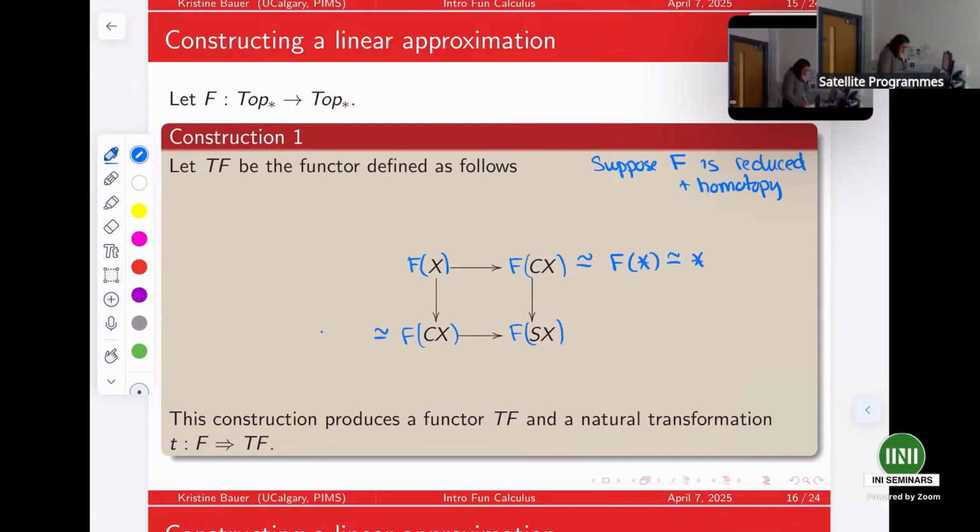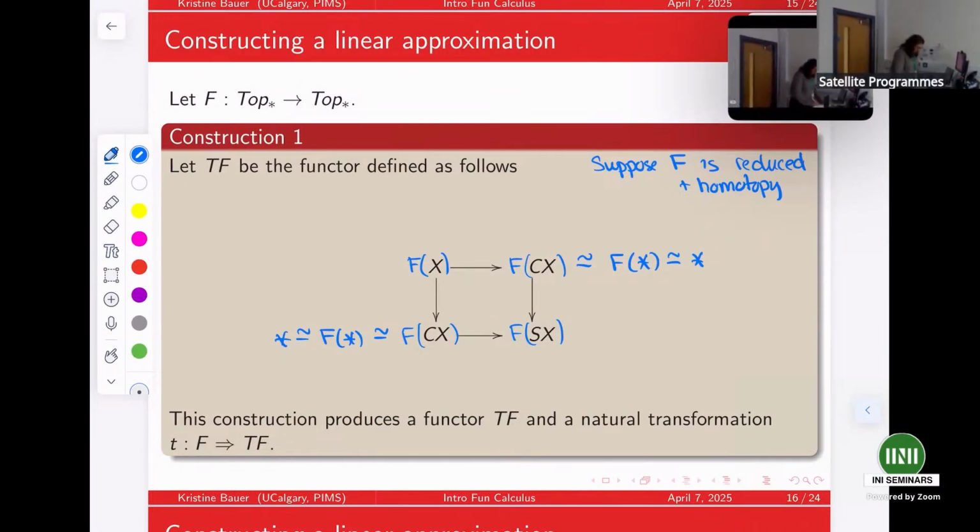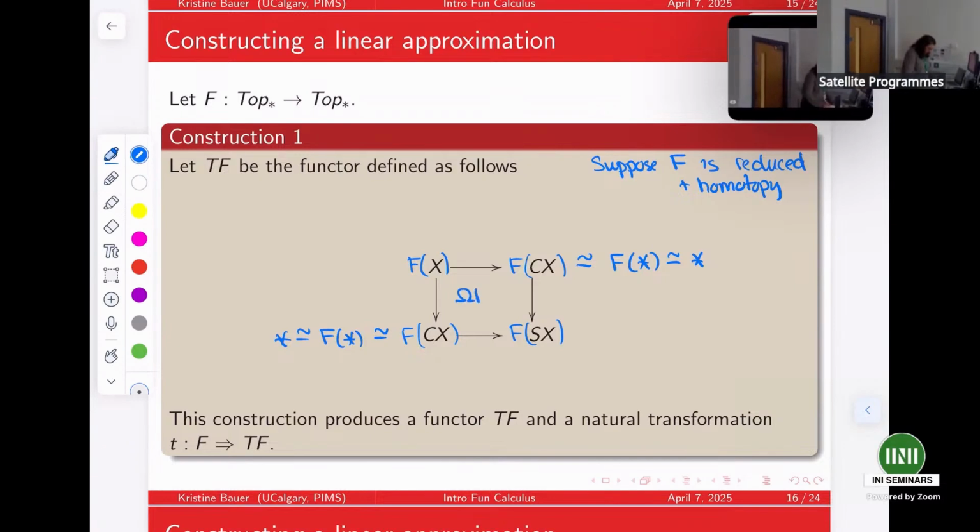The same here. So this is the diagram that we just talked about, and when I take the pullback, which will be the homotopy pullback of the thing that I get by deleting F of X, then what I get is going to be loops F of suspension X.